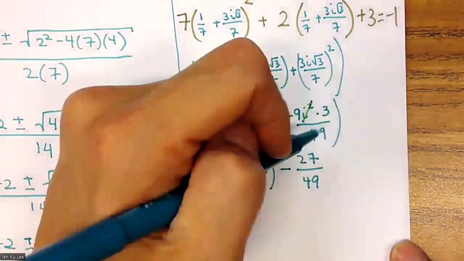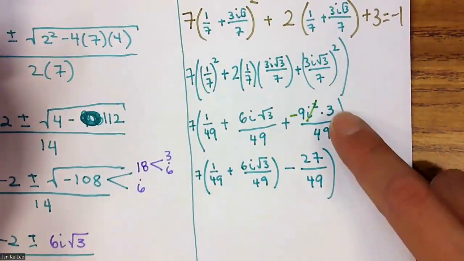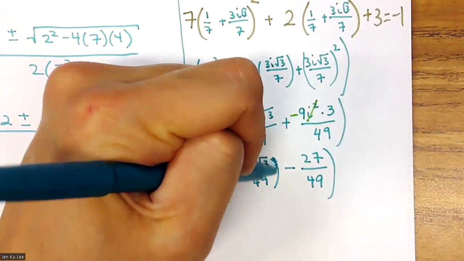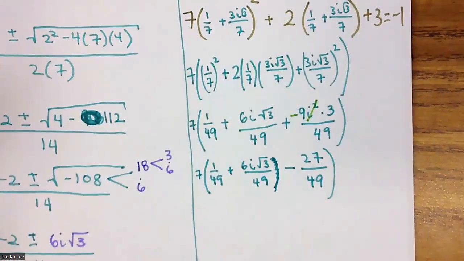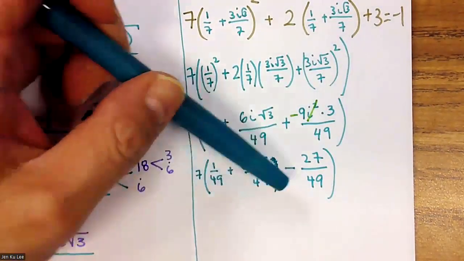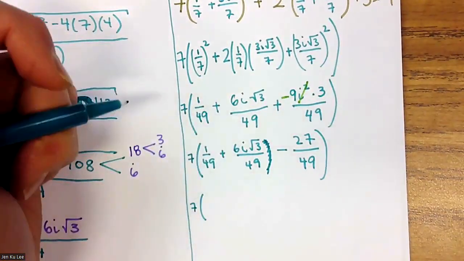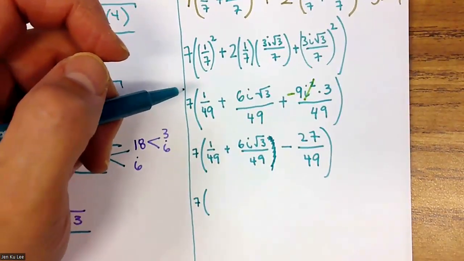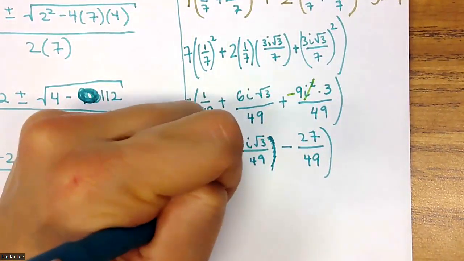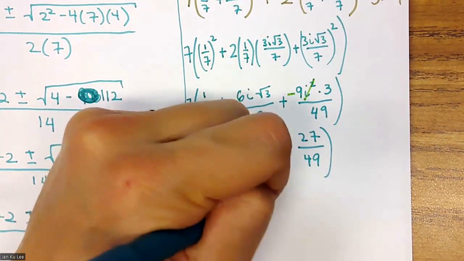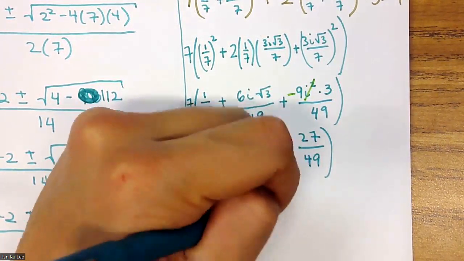And it's a minus because we have negative. So what's 1 over 49 minus 27 over 49? -26 over 49 plus 6i square root of 3 over 49.